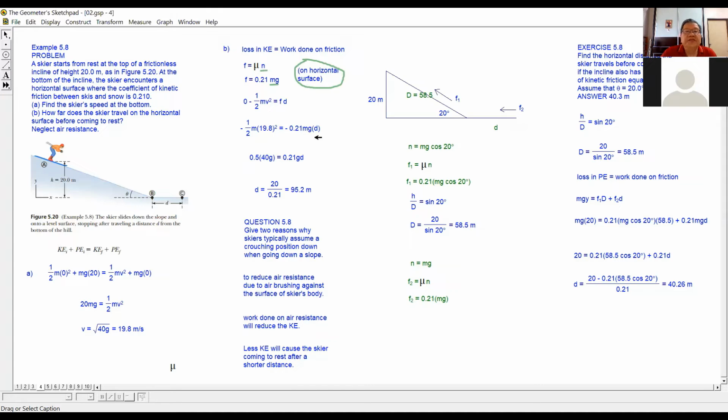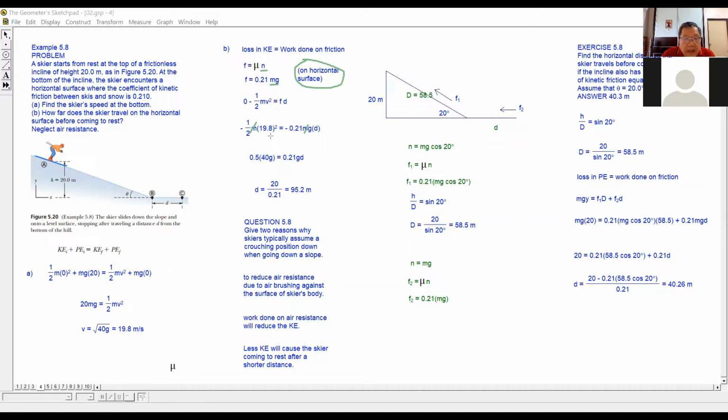The distance traveled we don't know, we call it d. So the m and m cancel off, and we have negative 0.21 g d.